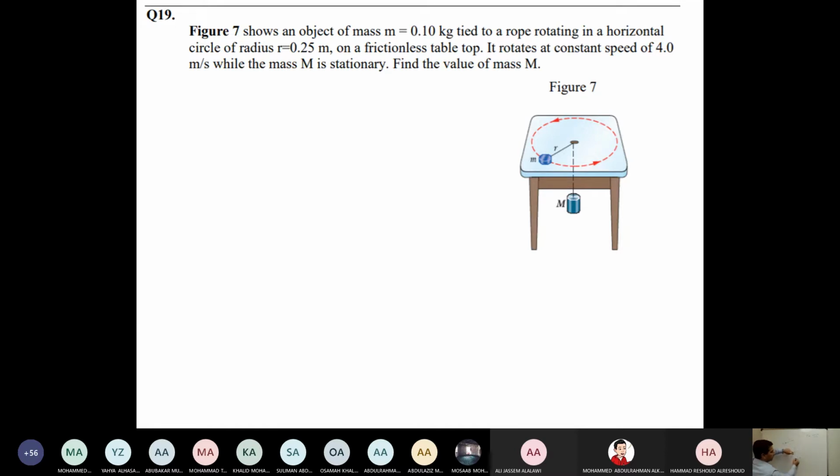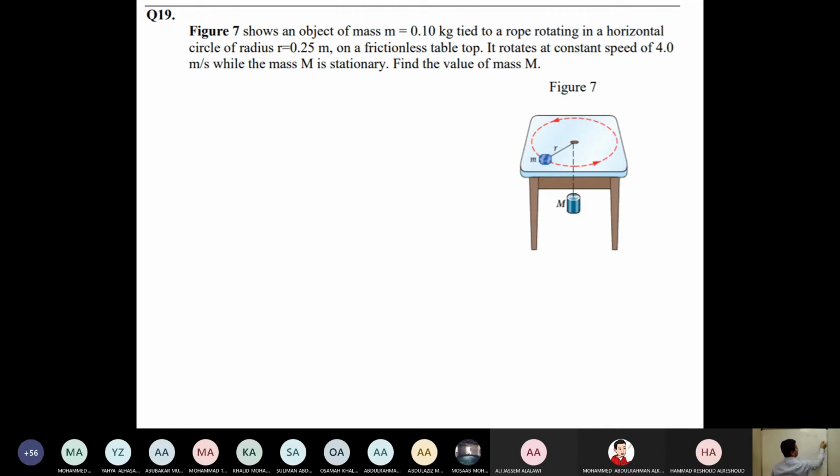So from that we assume that T is equal to capital Mg, just because the mass doesn't go up and down. If it was going up and down, we would be considering the effect of the motion. And by the formula which I have been deriving, positive minus negative force equal to 0 acceleration, therefore we get T equal to Mg.